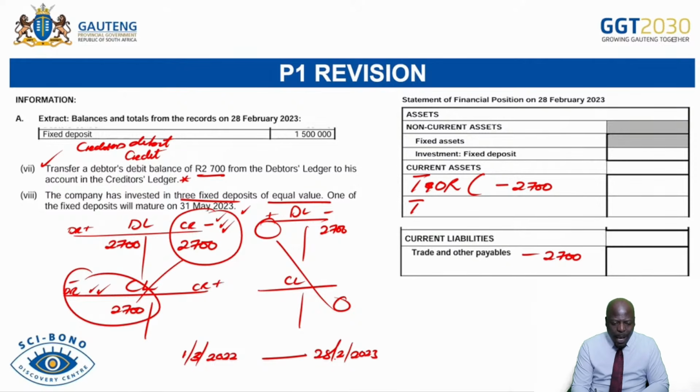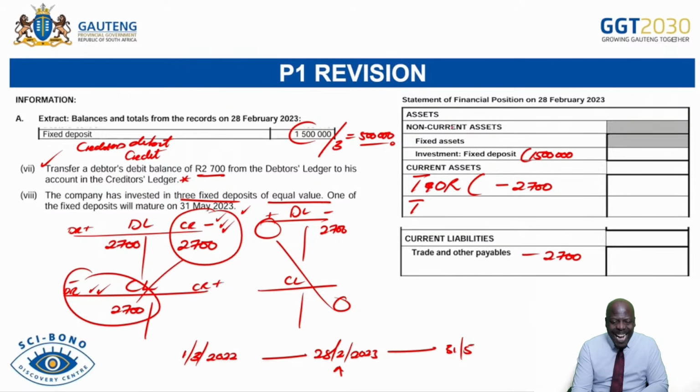We are being told that on this fixed deposit here, there are 3 investments and they're of equal value. So I have my 1.5 million here, and there are 3 fixed deposits in there. That simply means 1.5 divided by 3, which gives me 500,000. One of those fixed deposits will mature when? On the 31st of May.